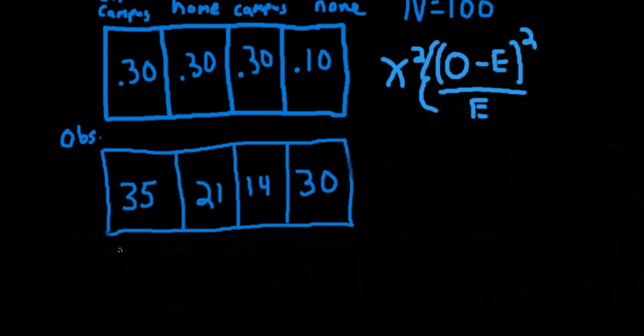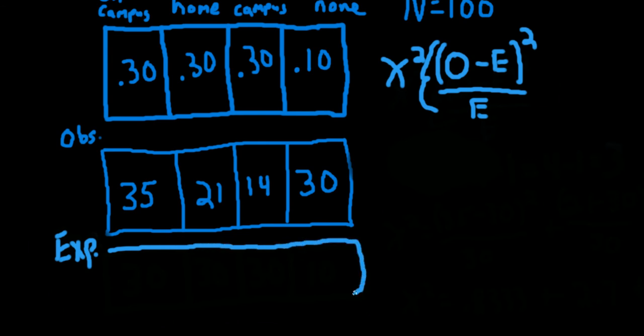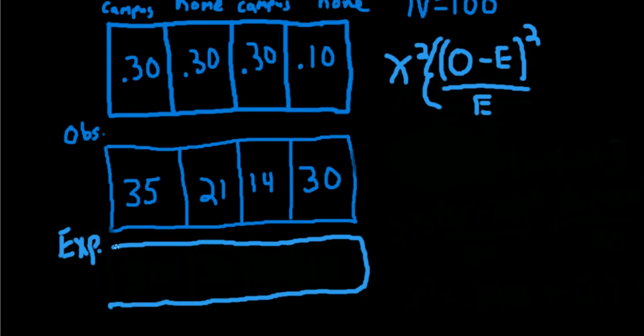Alright, so to get the expected frequencies, we'll simply multiply the expected proportion for each cell by the total sample size.